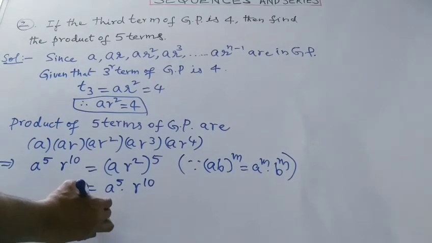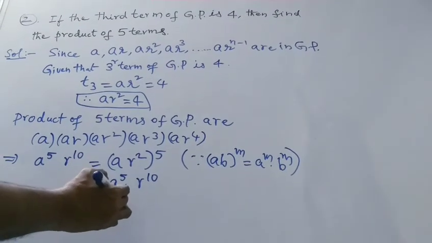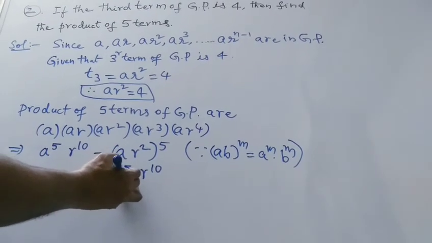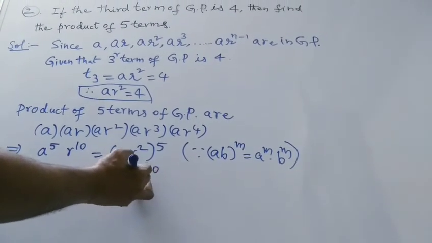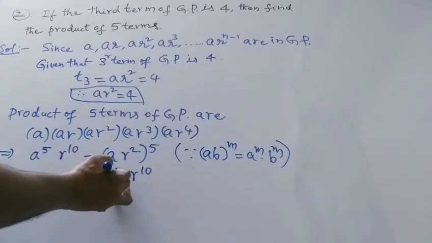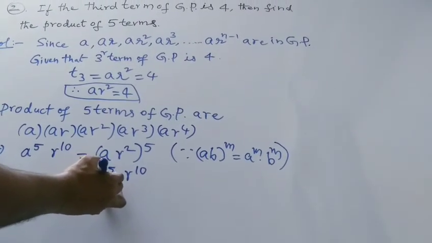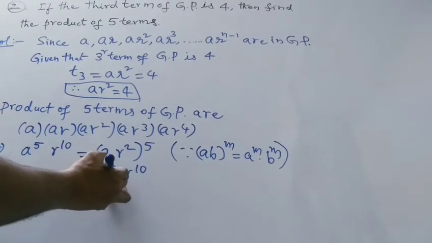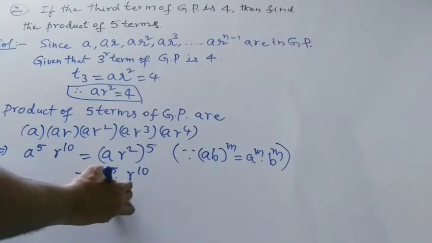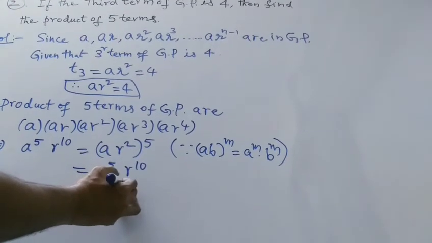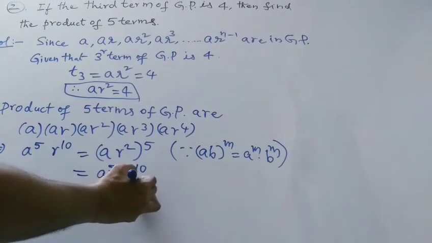So here we need to take like this: A to the power of 5, R to the power of 10. Now we can equate: in the product we are equating A into R square whole to the power of 5.